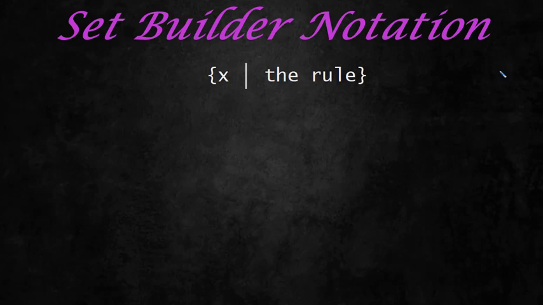So set builder is one of the ways we can use to write notation. Set builder, you identify your variable and then you state the rule. And it's like x such that whatever the rule is. So we could have something like x such that it is an even number.